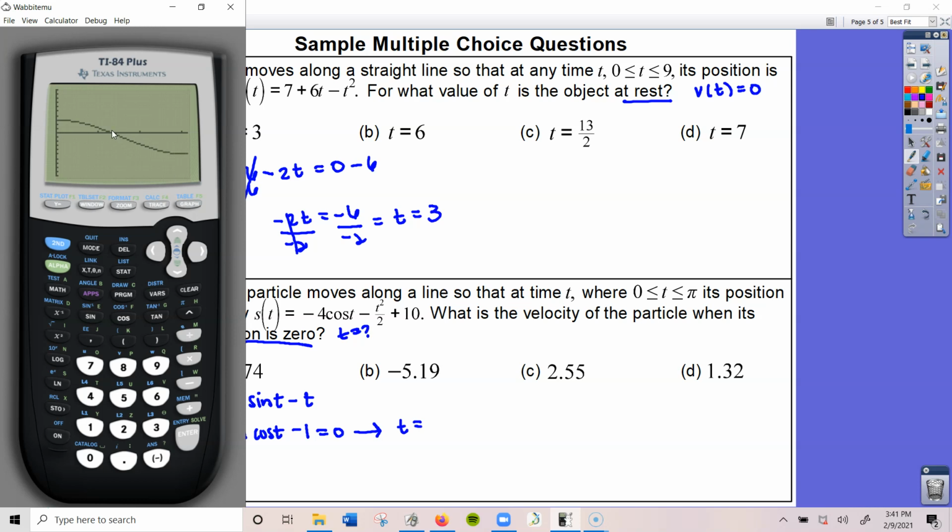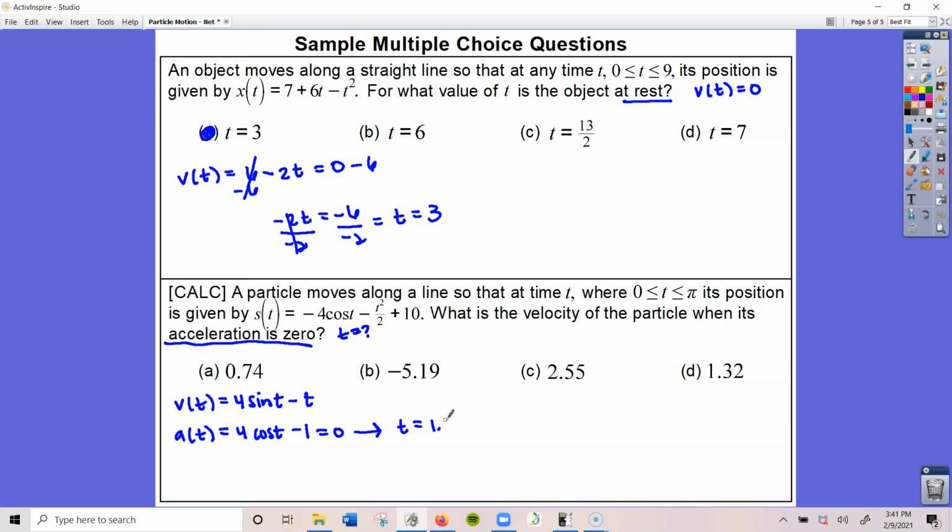And we can see here that we do have an x-intercept, so we're going to get that value. And we get the x-intercept of 1.3181.